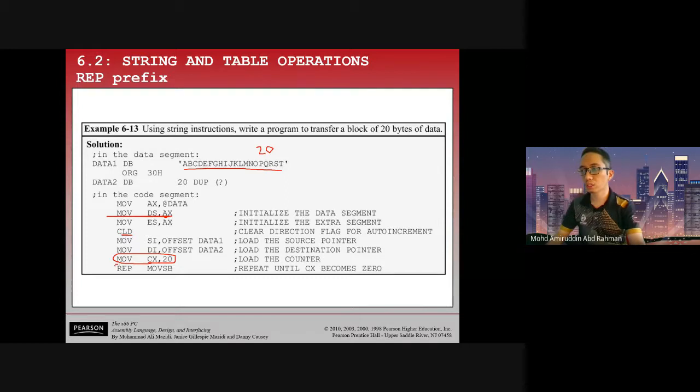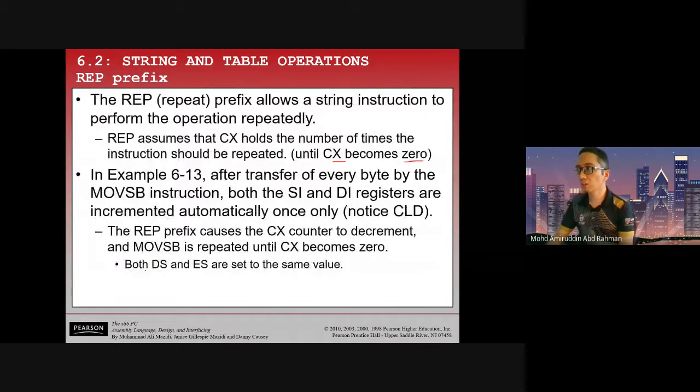So we use the repeat statement and then MOVSB. The MOVSB instruction is the one that we want to use to move the byte, and the pointer is incremented by one.